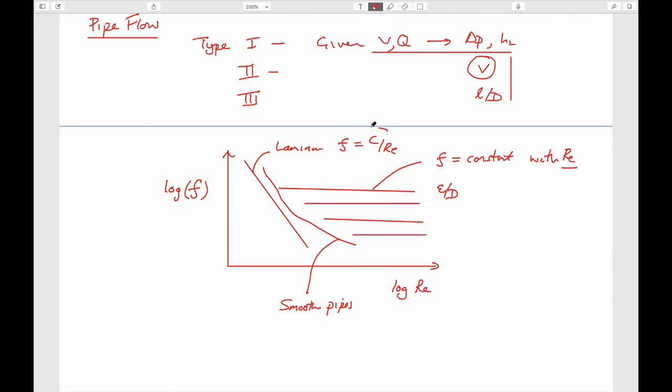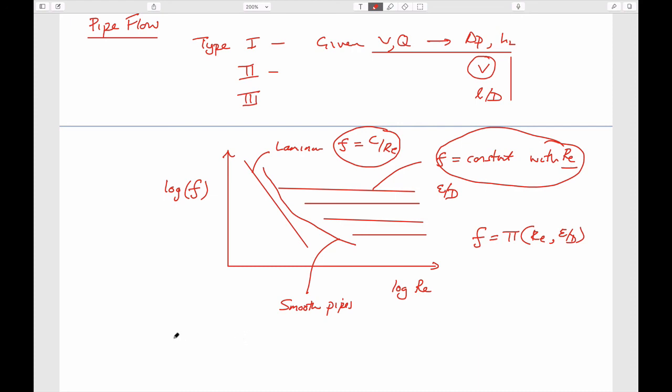So in one part it's an inverse function of Reynolds number, and in the other part it's constant with Reynolds number. So those define the two kinds of behaviors we have, and we can write basically the friction factor is, in terms of pi groups, a function of Reynolds number and relative roughness. So E is absolute roughness, D is the diameter of the pipe, and we can look at a number of equivalency formulas to be able to define that behavior.